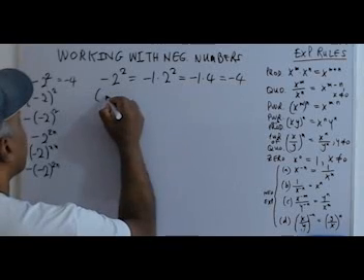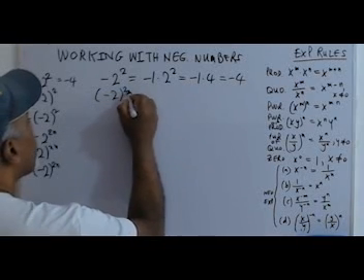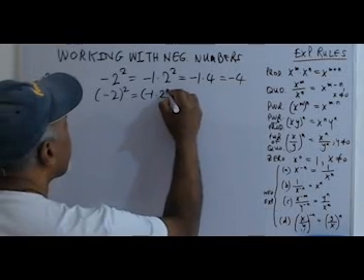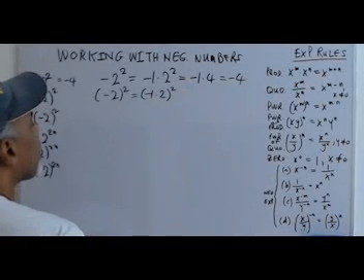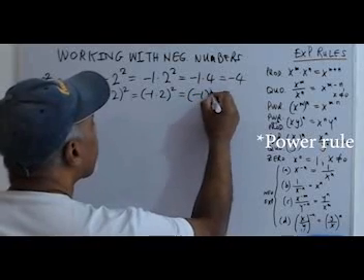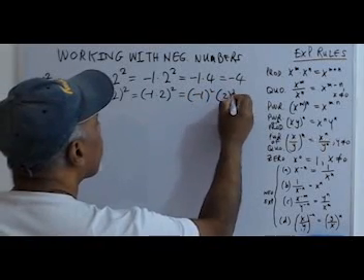Next we have negative 2 quantity squared, which is negative 1 times 2 quantity squared, which is equal to, by the product rule, negative 1 squared times 2 squared.